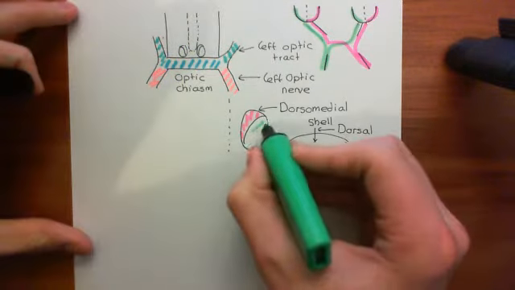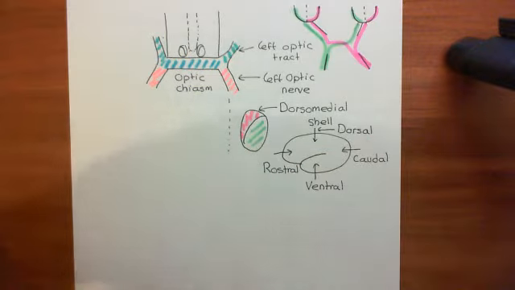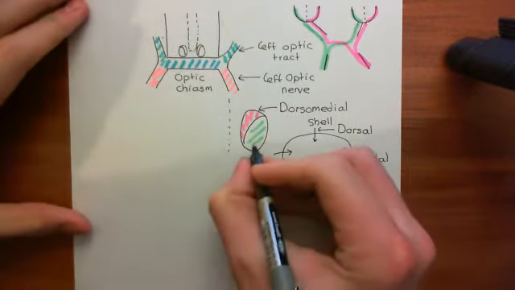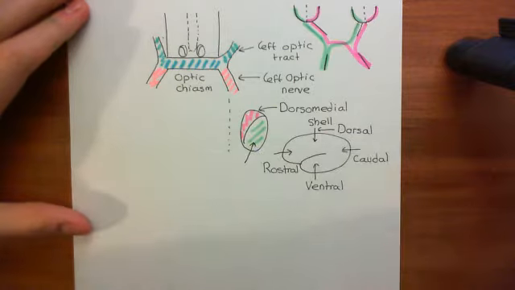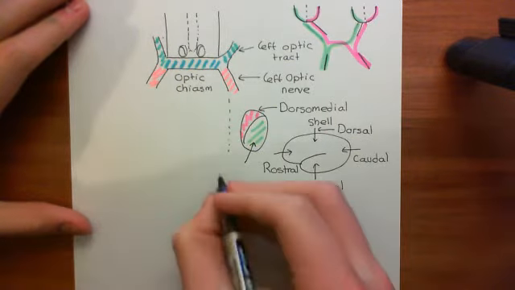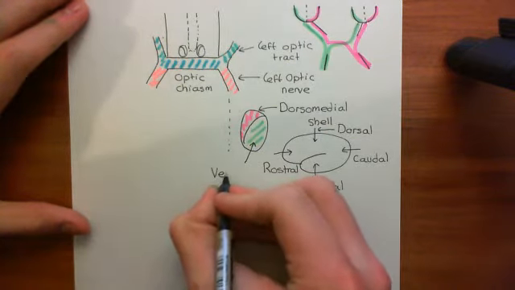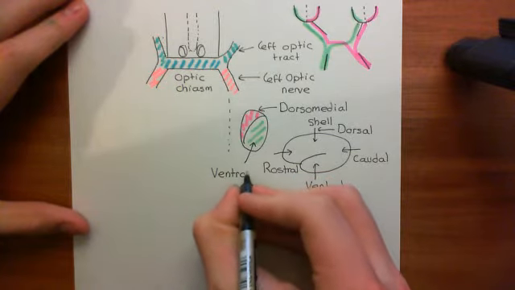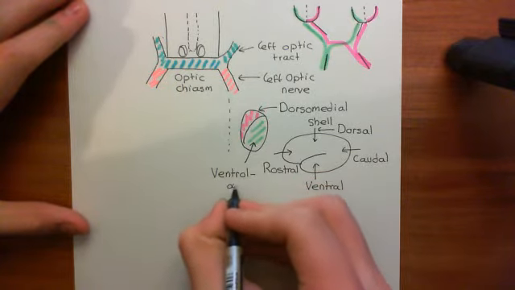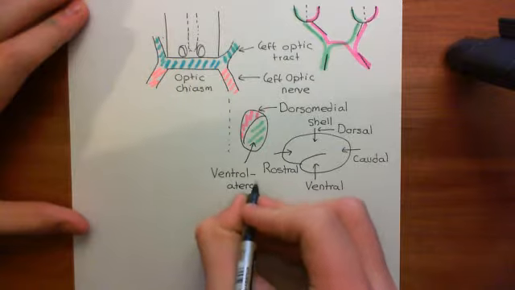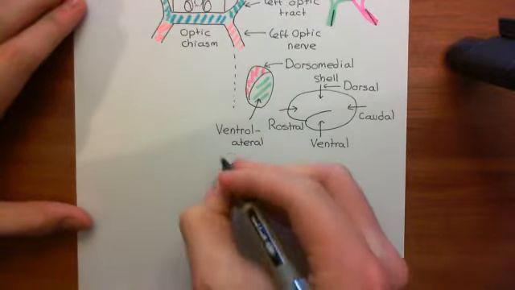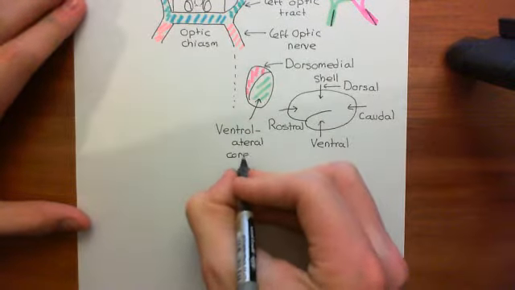Then this other portion that I'm now highlighting in light green here, this is what's known as the ventrolateral core of the suprachiasmatic nucleus. So this is the ventro, and then it should be all one word, but I haven't got enough space there. Ventrolateral core of the suprachiasmatic nucleus.